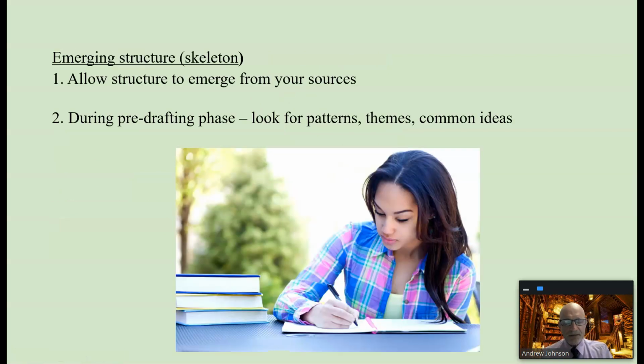The other one is the emerging structure or a skeleton. You allow the structure of your literature review to emerge from your sources. And I'll show you an example of that. But during the pre-drafting phase, as you are writing and taking notes, organizing, you're looking for these patterns, these themes, these common ideas to come from the data.